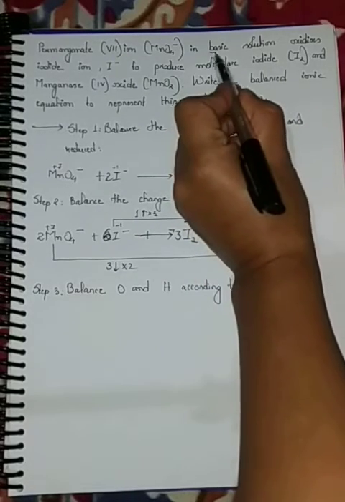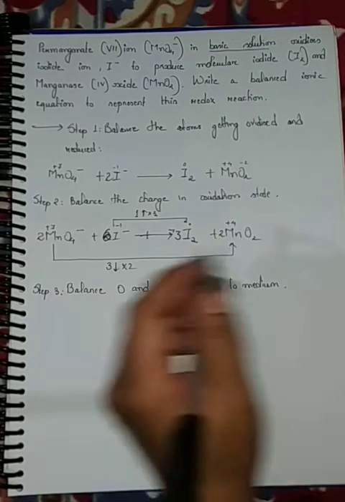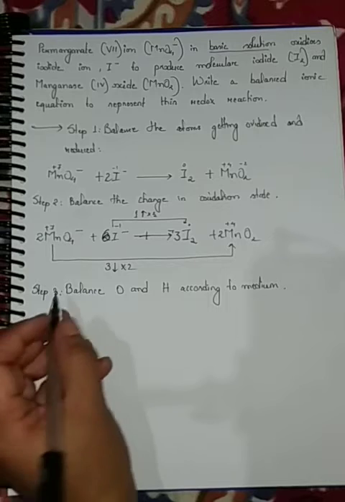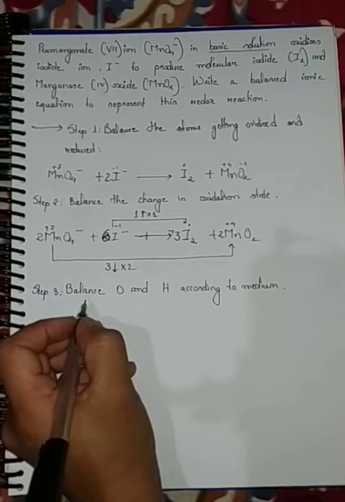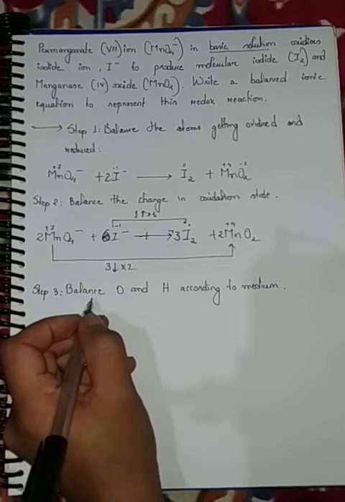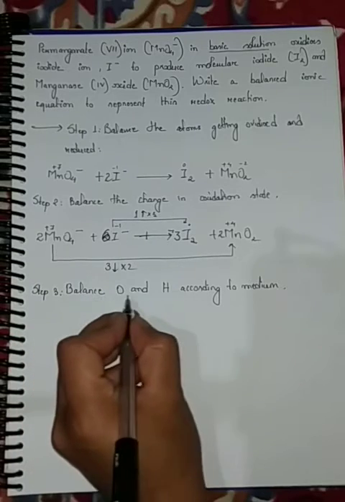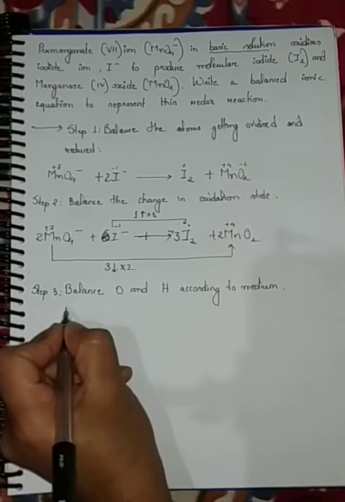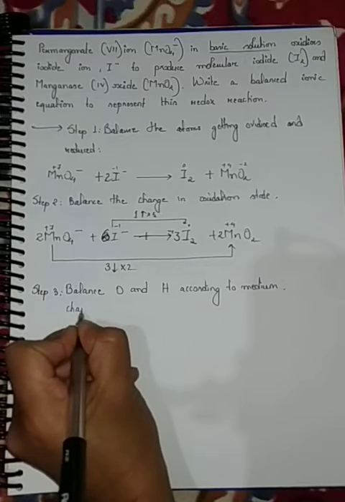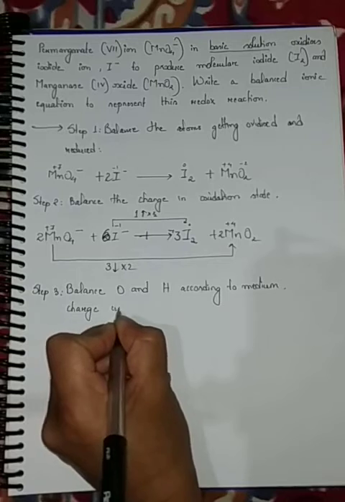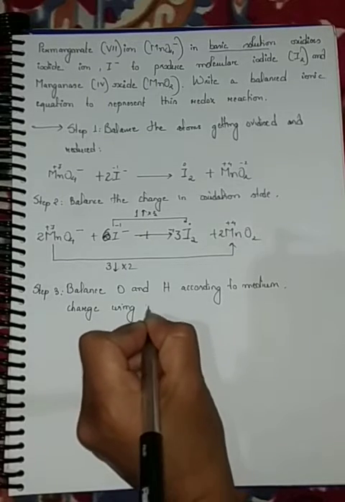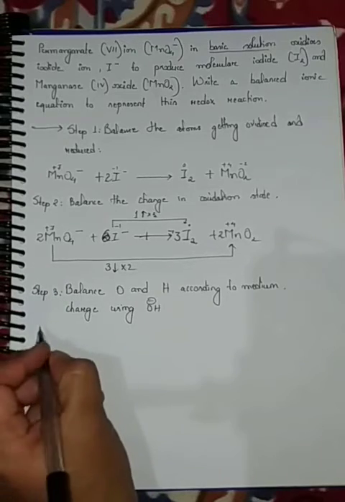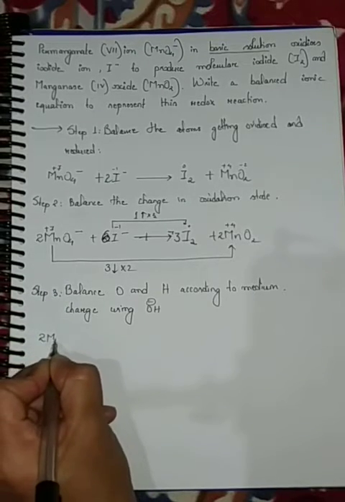In our given question the medium is basic, so we will be balancing the charge by using OH minus. Since this is a basic medium, we will be balancing the charge using hydroxyl OH minus ions.